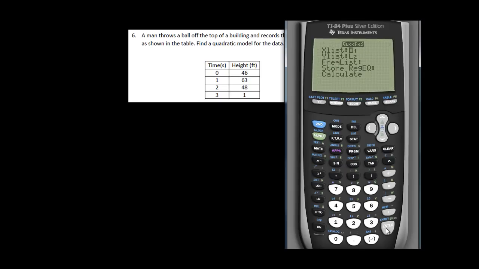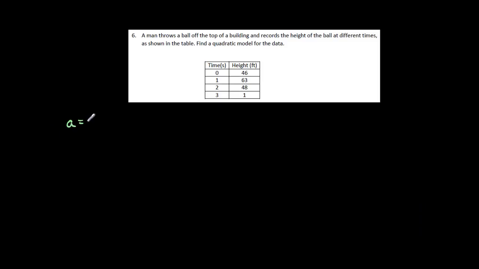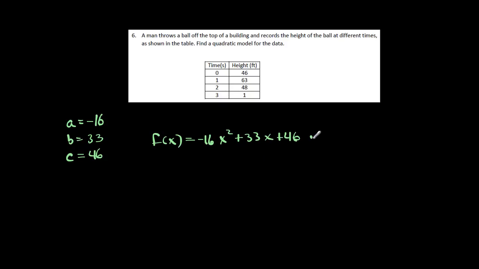Let's calculate 5. So -16, 33, and 46. So A is -16, B is 33, C is 46. So our function is going to be f of x equals -16x squared plus 33x plus 46. That's the model for that.